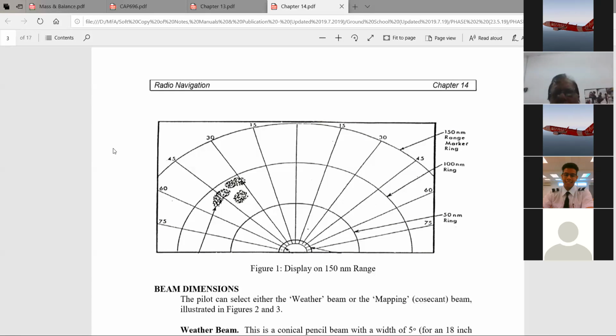Now, when we talk about the usage of the weather radar, one of the usages I gave you was to find the height of the top of the cloud. Why are we interested in the height of the top of the cloud? Why can't we find the height of the base, or the bottom of the cloud?